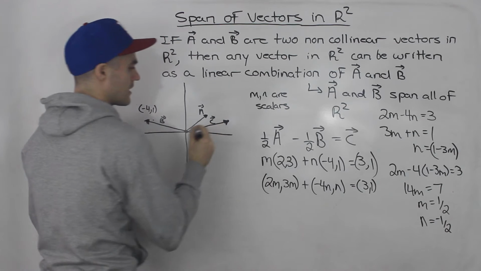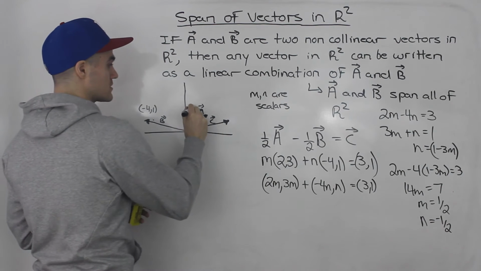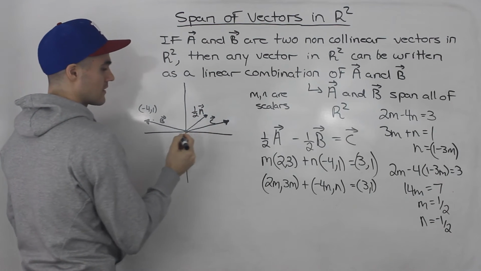So we just took A and we took half of its magnitude. So this right here is 1/2 A.